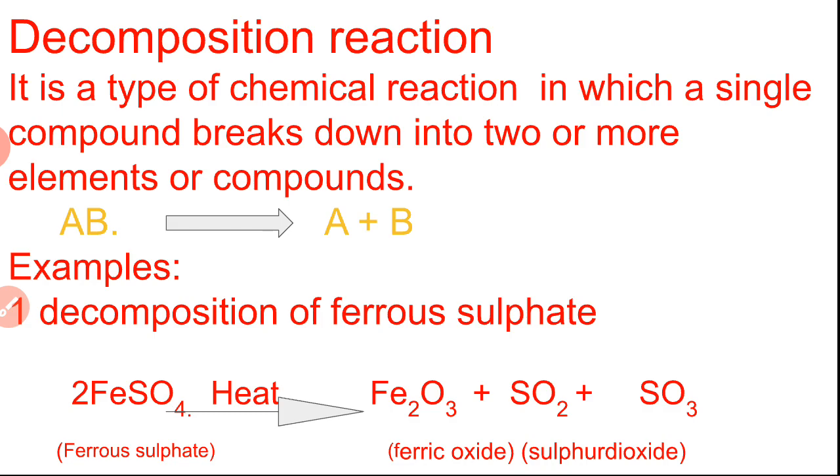In a decomposition reaction, what happens? A compound breaks down into two elements or compounds. It is the opposite of a combination reaction. Let us suppose there is one compound AB. It breaks down into two elements or compounds, A and B.